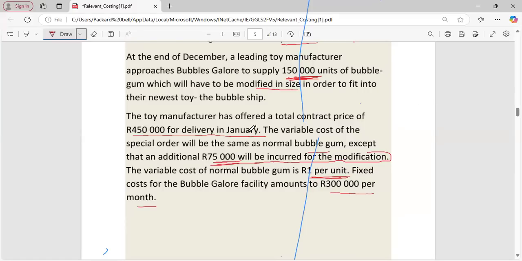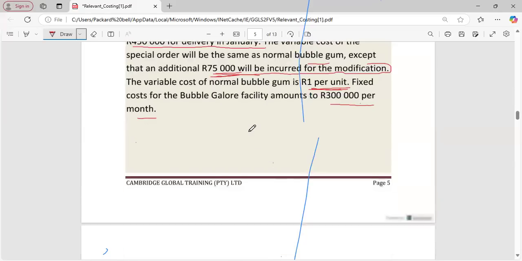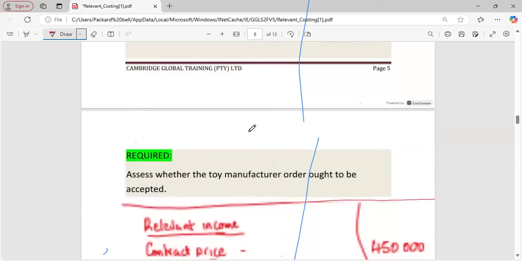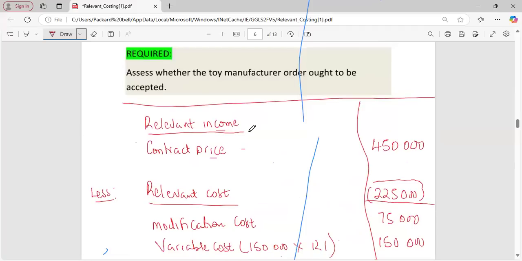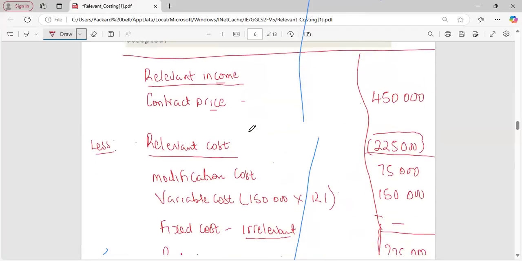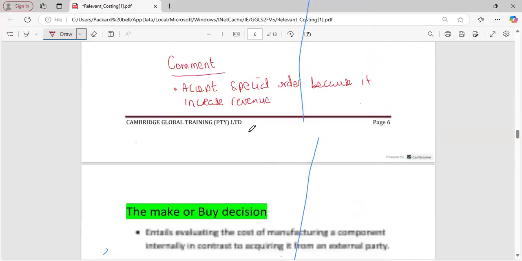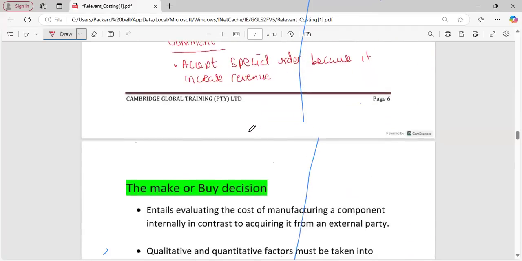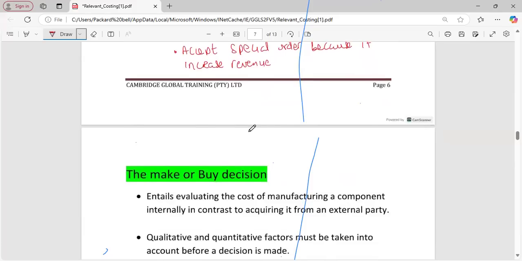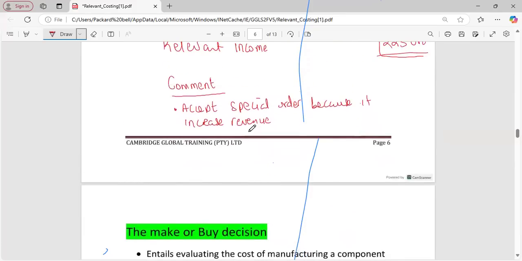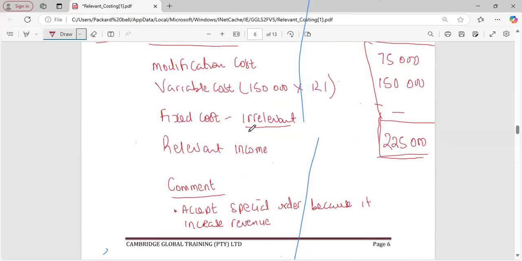If something is not relevant, it means it's not going to be part of your decision making. I don't know if you guys get what I'm trying to say here. Are you there, Joseph? Do you get the sense of what I've been trying to explain? Yes, thank you. Thank you so much.